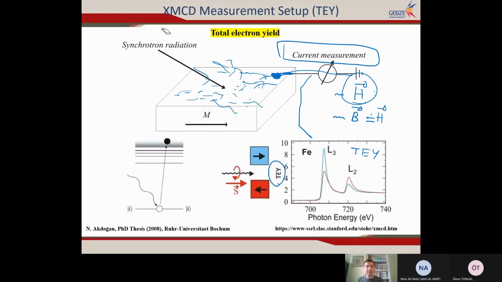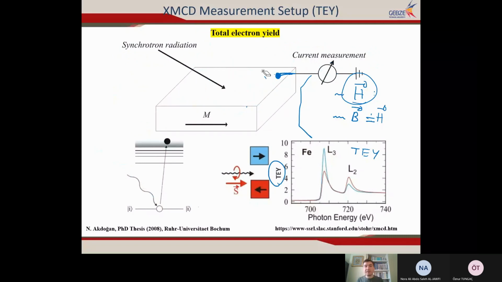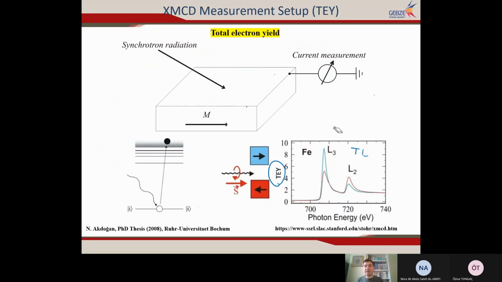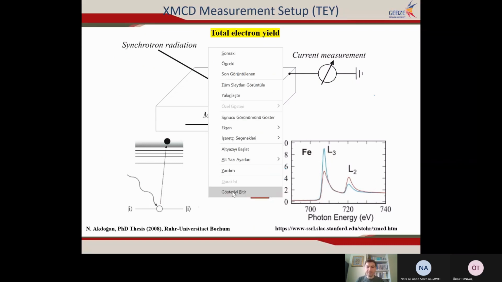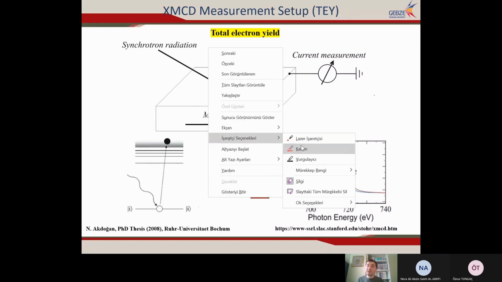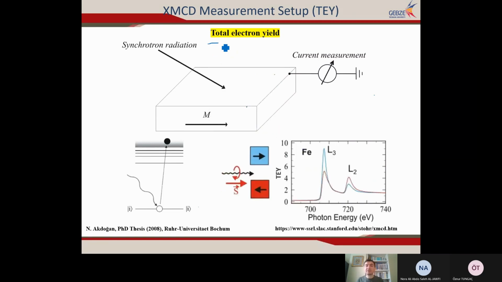At the beginning of my talk I told you that during XMCD experiments we don't use a magnetic field source because the experiments can be affected by the magnetic field. Let me explain the effect of the magnetic field for total electron yield. Here we have many electrons on the surface of the material.